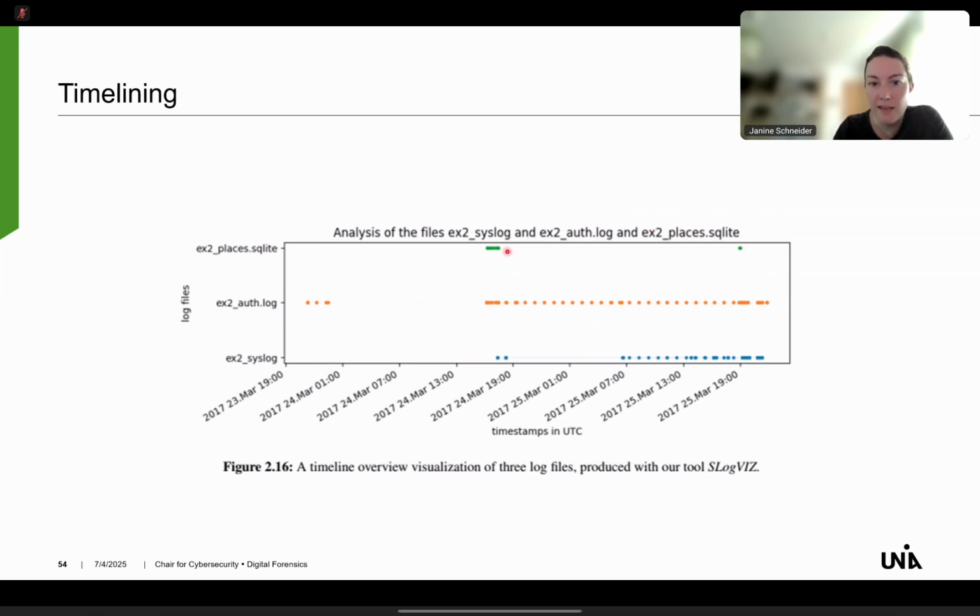Here is a big gap between these timestamps and this timestamp, but we actually have timestamps here. Okay, we don't have to discuss every single detail, but I think you get the idea.